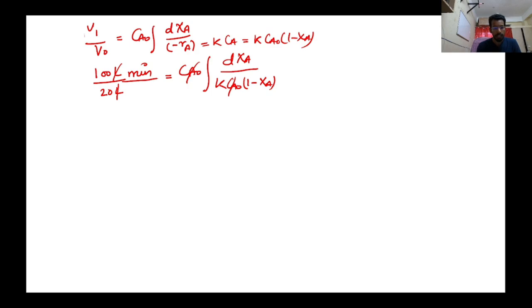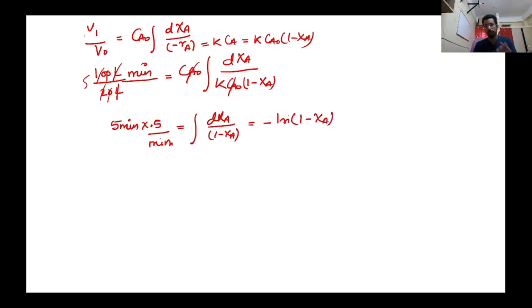Okay, and 5 minute into 0.5 per minute, so the unit of K is minute inverse, is equal to the integral of dXA upon 1 minus XA. You will get minus ln 1 minus XA.